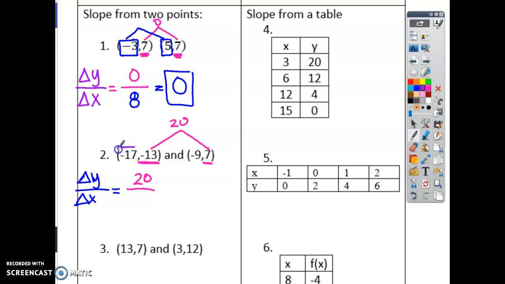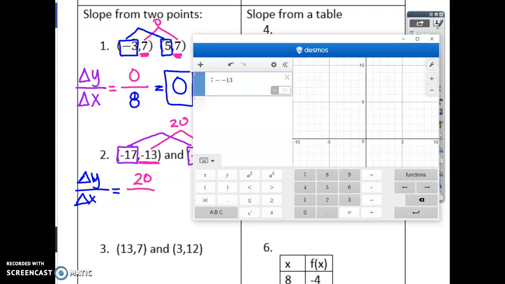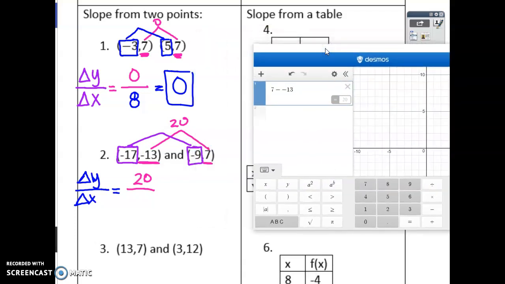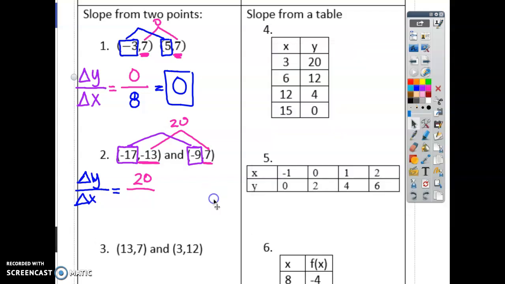So from -17 to -9. 8. Let me check in decimals. I'm going to do -9 minus -17, +8. Okay? So right here is +8.